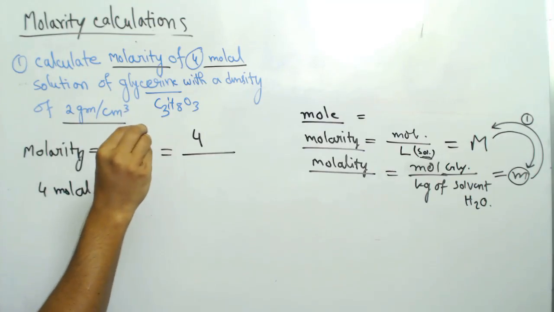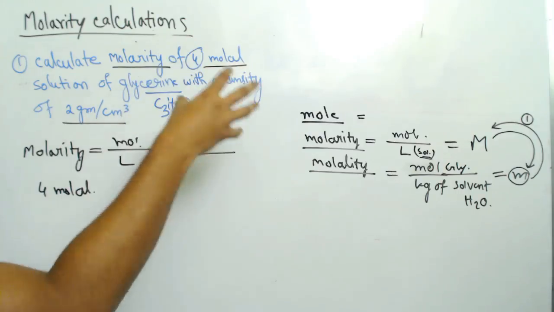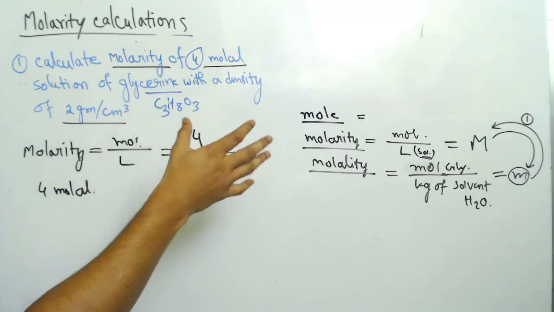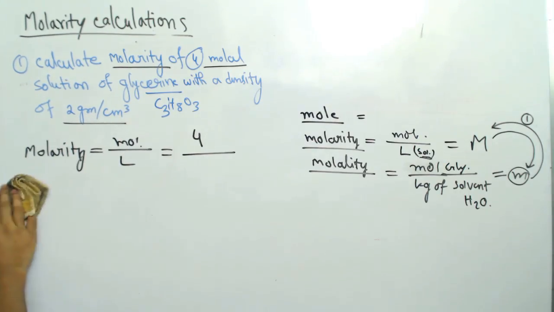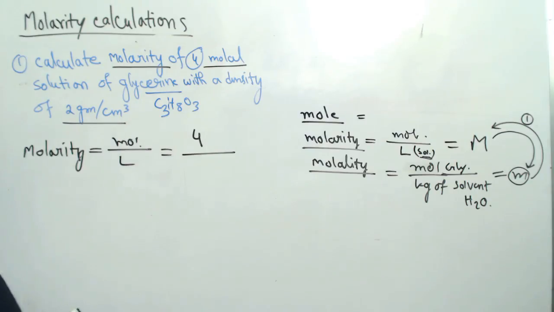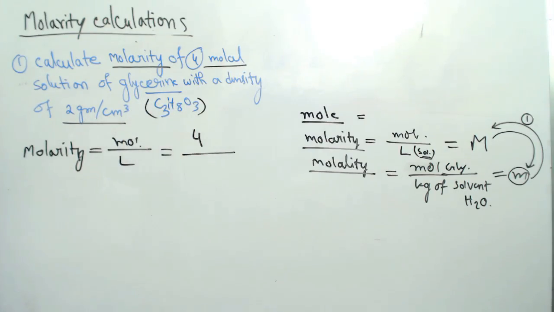If we can calculate the amount of glycerine in grams, we can simply find the volume of glycerine. How to do that? The easy way to find the amount of glycerine in grams is simply to look at C3H8O3. That's the formula of glycerine.